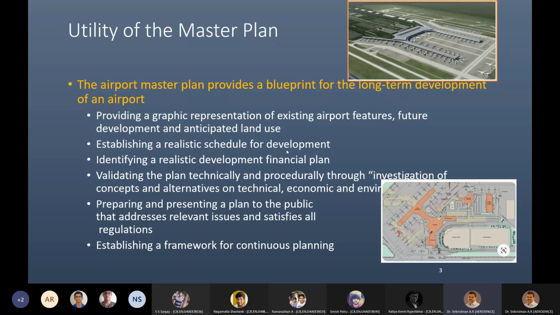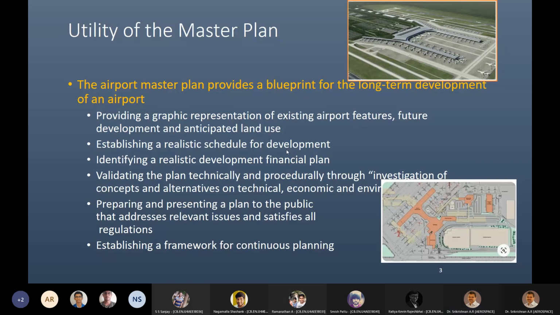In essence, it provides a graphic representation of the features which currently exist and the additional ones to come, which helps estimate how much additional land use is going to be needed. Most expansions will require acquiring more land, right? So what the requirement is and what the utilization of the newly acquired land will be can be clearly seen from the master plan.